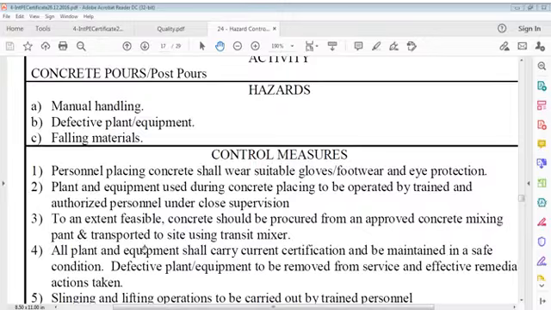Say project concrete may be 200,000 cubic meter, 400,000 cubic meter to be done in a year or 2 years. And if a company or contractor feels that it is justified economically, technically, financially, and also practically, that feasibility exists, that we should buy one concrete processing batching plant and install it on site.